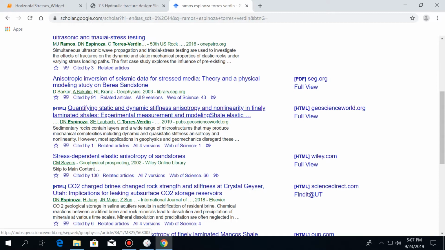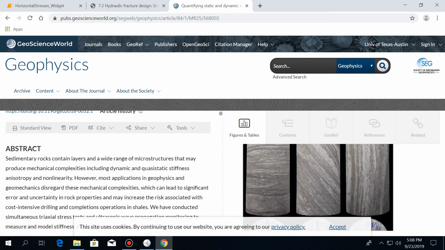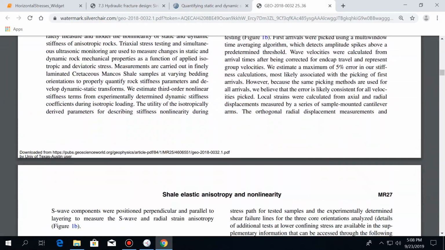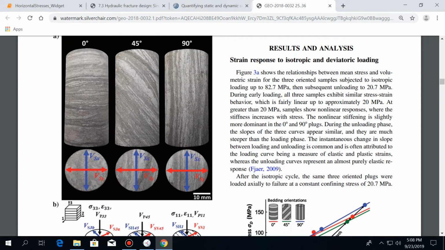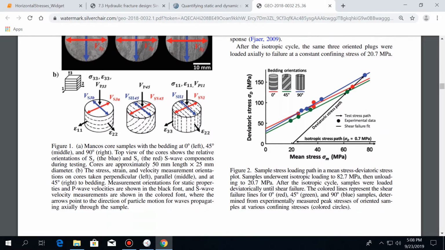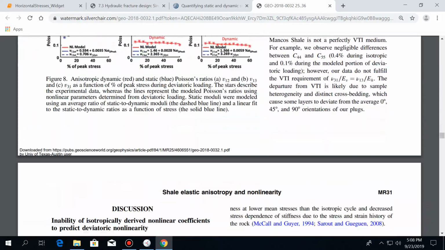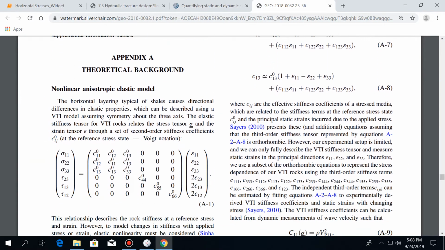Okay, I think this is the one. Let me try that. Yes. So PDF here. So here you have some examples of some nicely looking laminated shales. These are some of the things that we already discussed. And here you will find the equations that allow you to calculate those values.